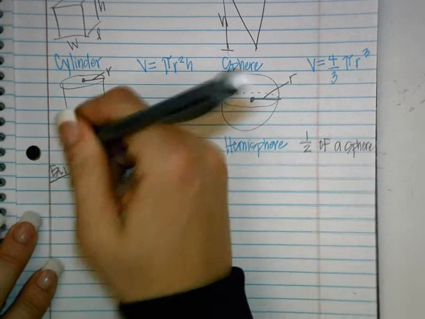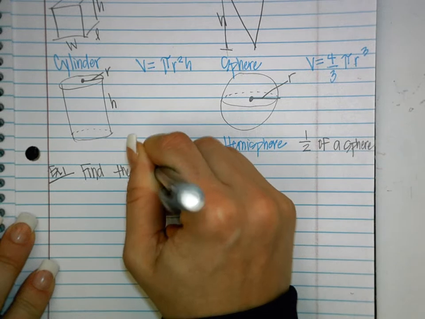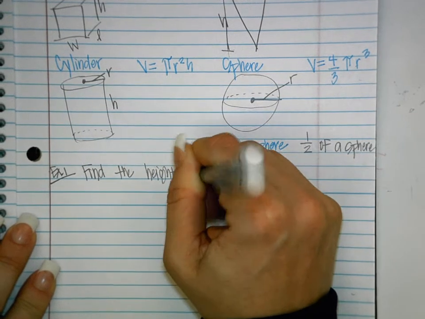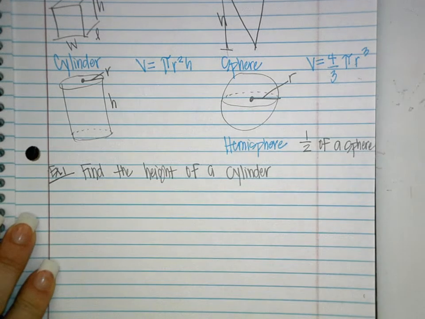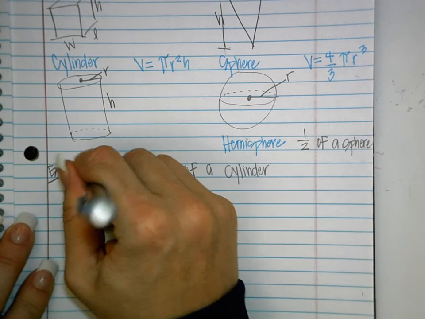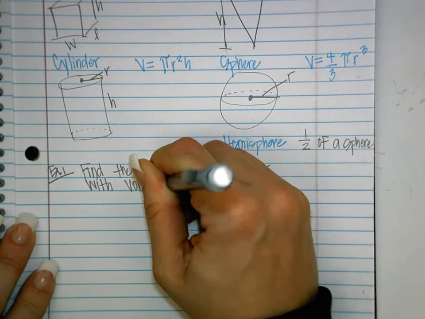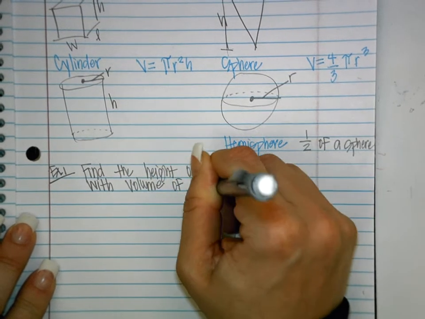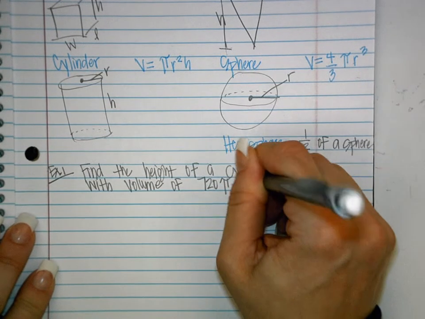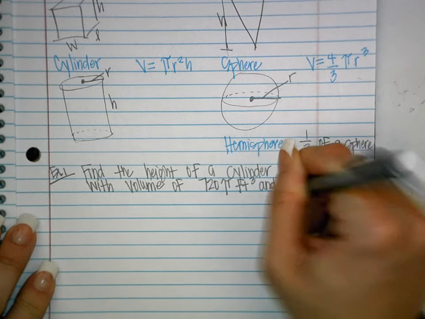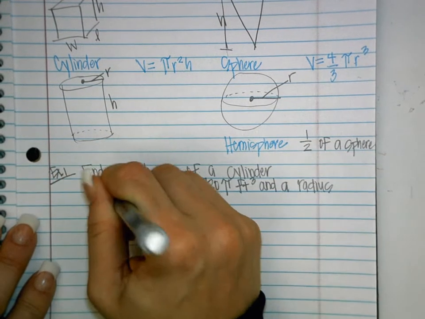For number 1, if I ask you to find the height of a cylinder with a volume of 720 pi feet cubed and a radius of 6 feet.